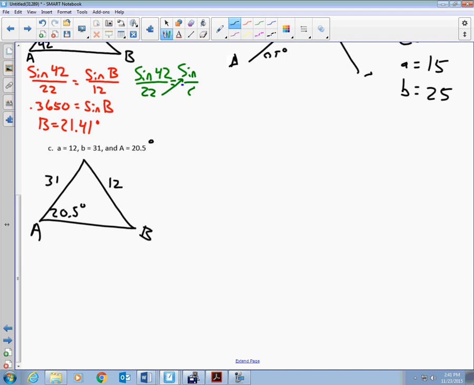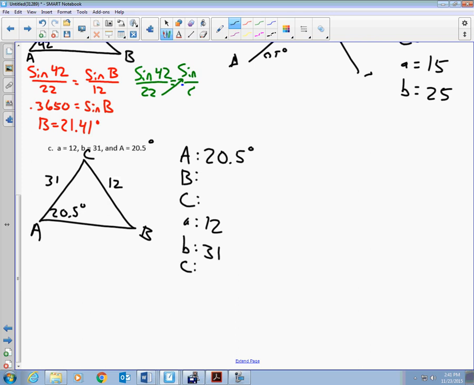Call this angle B and this angle C. Which of the six is this?